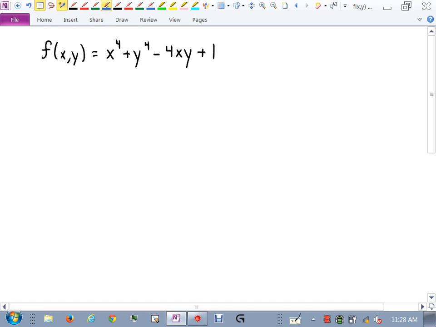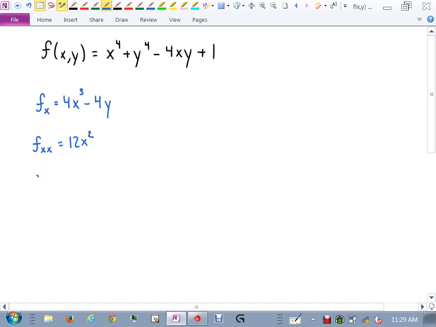So I'm going to go ahead and just start and get all my partials in order. I'm not afraid of taking partials here because this is a polynomial, and the partial derivative of a polynomial should be pretty clean. So what's the partial with respect to x? 4x cubed minus 4y. Okay, let's do the partial with respect to x again, because we're going to need it later. 12x squared, okay.